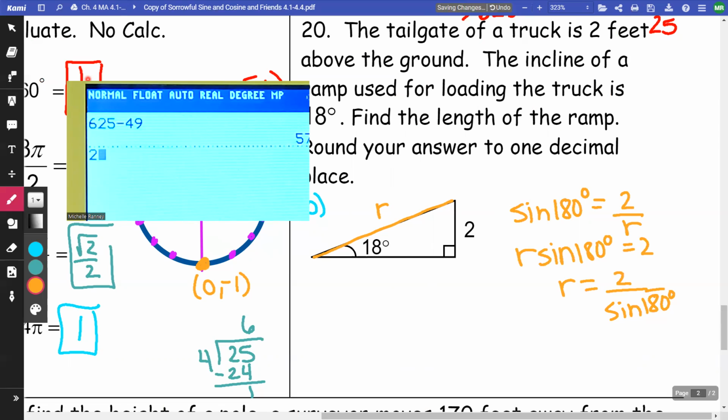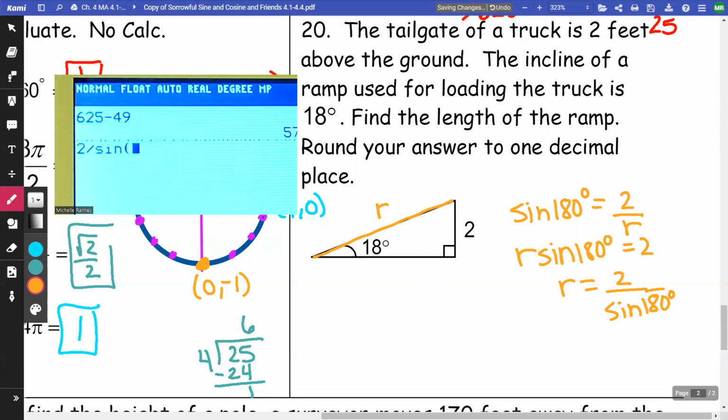And then I'm going to take 2 divided by sine of, that's an 18. I don't know why I'm making it a 180. It's an 18. So can't be a 180, it's in the right triangle. So sine of 18.